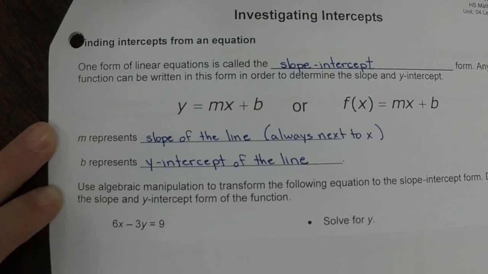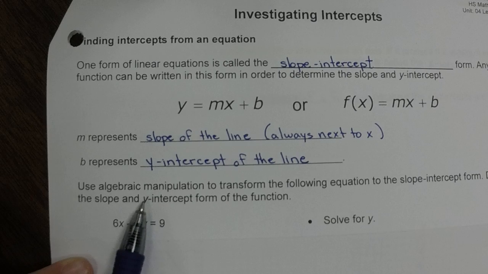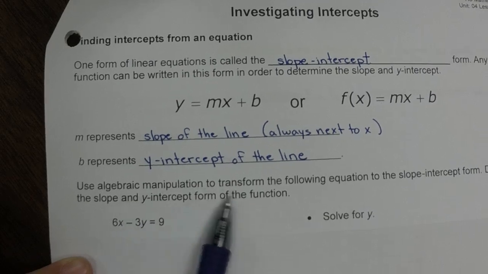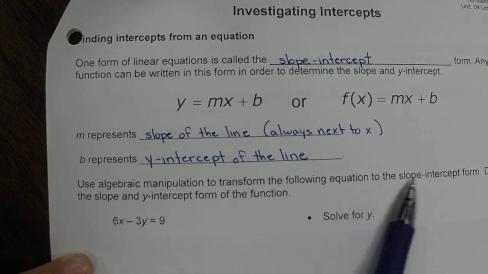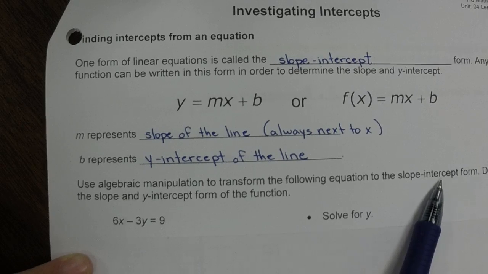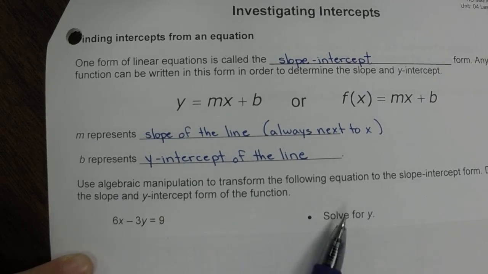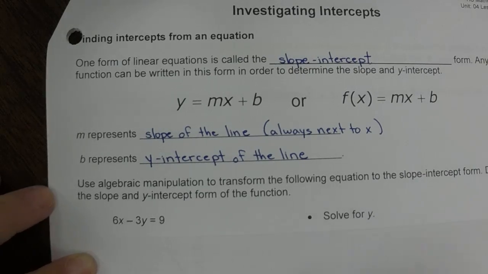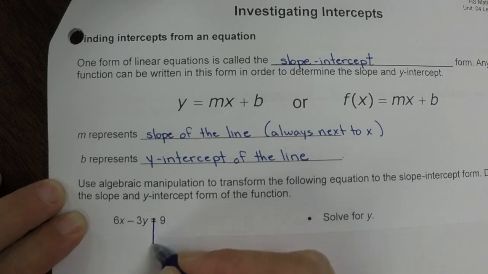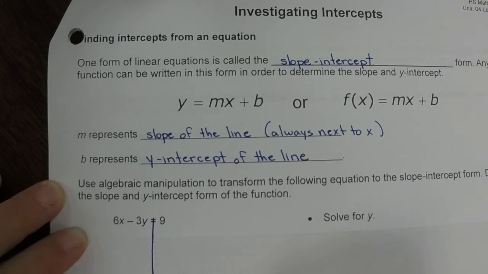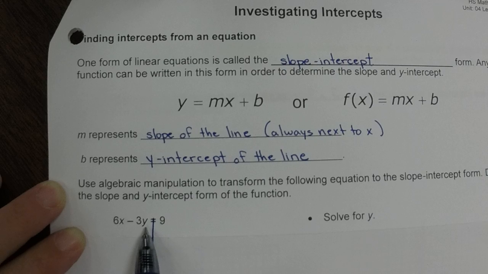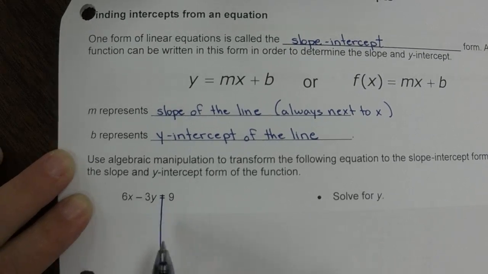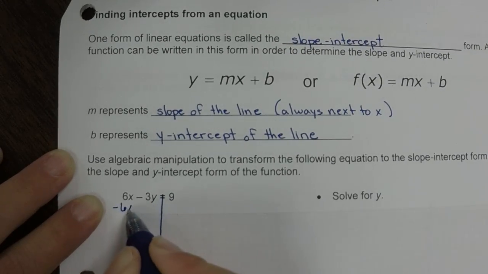So this is what we talked about in 4.8. It says use algebraic manipulation to transform the following equation into slope-intercept form, and then determine the y-intercept for the graph. This is what we did in 4.8. Remember, we're trying to get y by itself. So we would need to move x. We would say minus 6x.